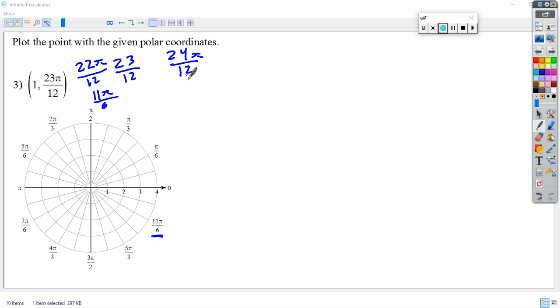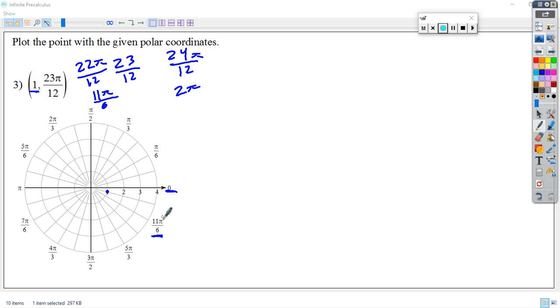I could divide 24 pi over 12 by 12 and get 2 pi, and I know that 2 pi is the same thing as 0. So I found those two angles, and since 23 pi over 12 has to be between those two, it has to be this line right here. And since my radius is 1, it's going to be right there.